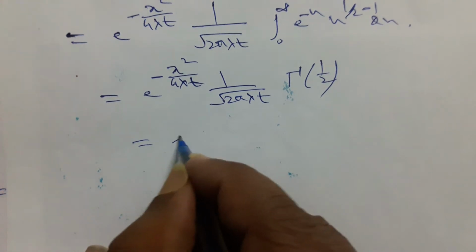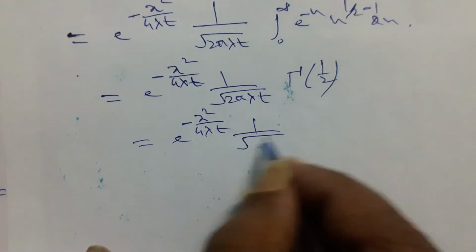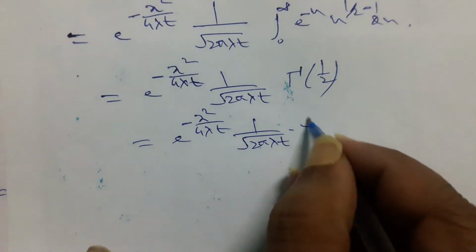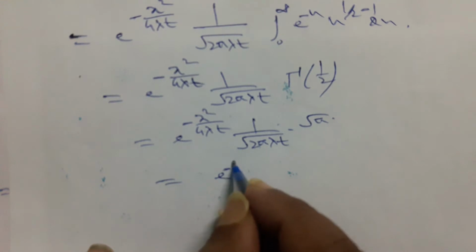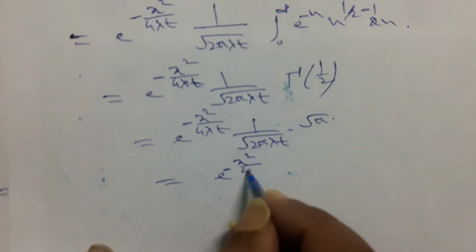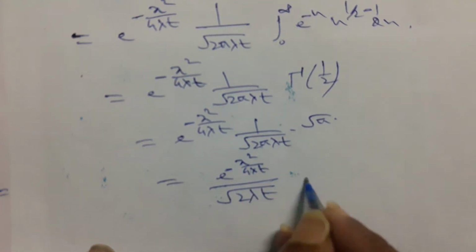So gamma half will be root pi, the roots will be cancelled, and therefore we get e to the power minus x square by 4 lambda t, by root over 2 lambda t.